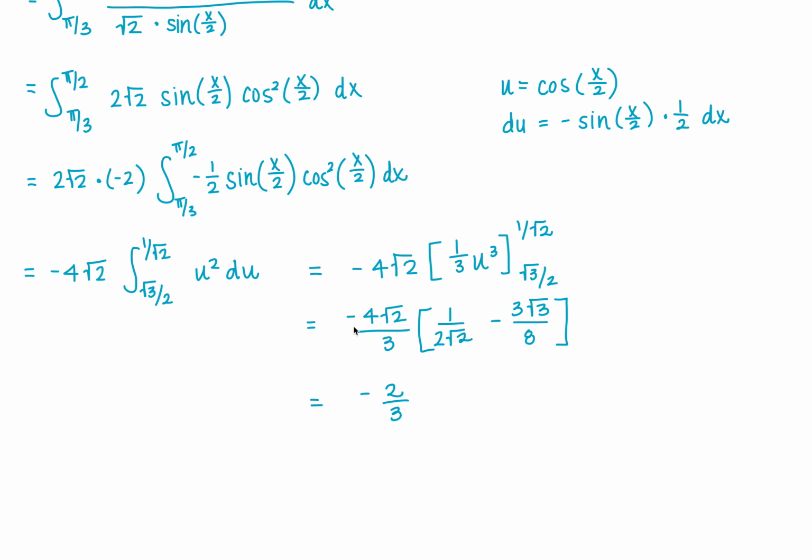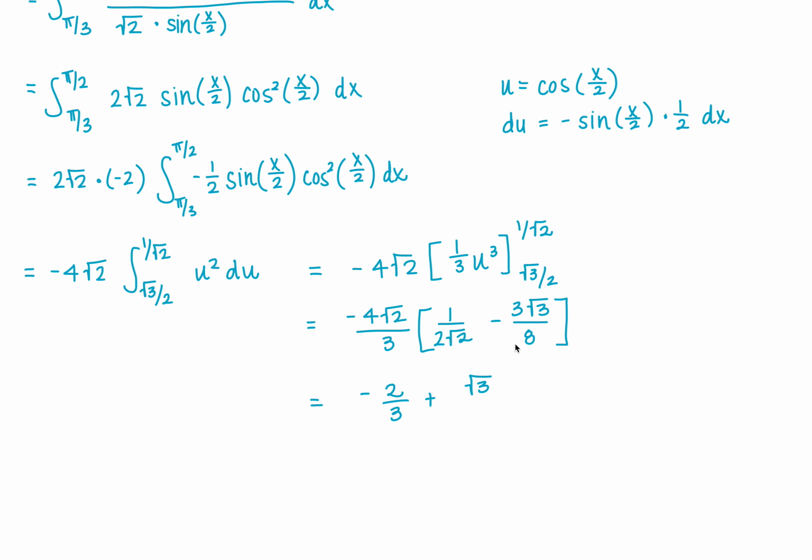Now let's move to the second term. Well, first off, negative times negative is going to be positive. The 3 in the denominator here will cancel with the 3 here, leaving me right now with the square root of 3 in the numerator. The 4 here cancels with the 8 here, leaving me with a 2 in the denominator, but I still have the square root of 2 here.